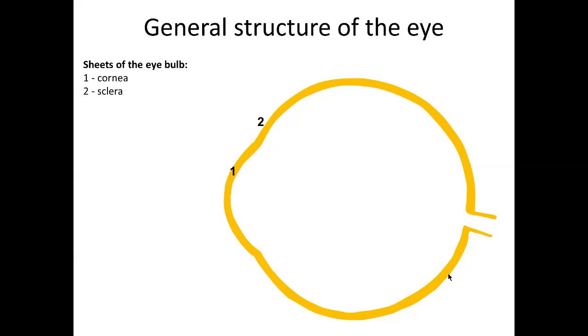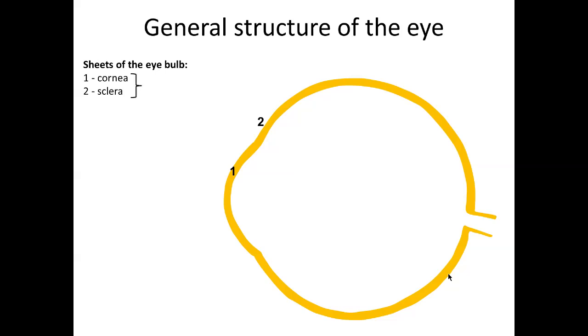When we look at one another, we can see this white sclera quite well, and it plays the role of protection of the eyeball from external light and from any injury, because it's quite strong, quite dense.